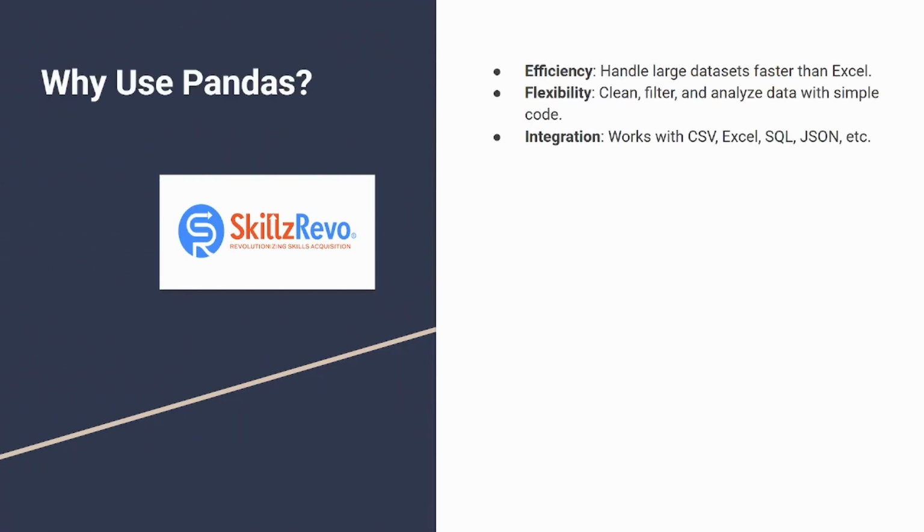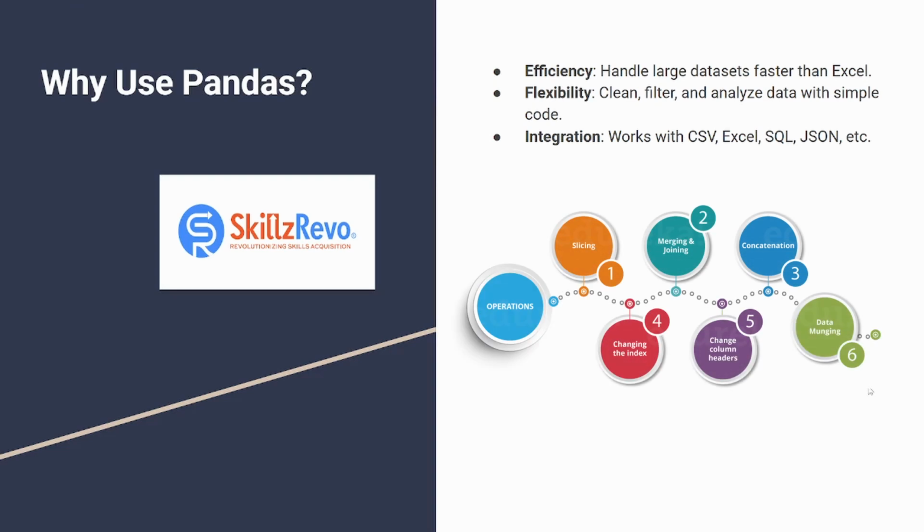Now there is another question: why use pandas? We have other tools, for example Microsoft Excel, which is a great tool for analyzing and organizing data, but it has some limitations. Compared to Excel, pandas is faster and can handle large datasets.